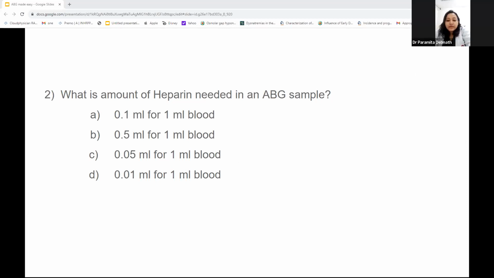Everyone, please participate. So the answer here is C, not B or A. It is only 0.05 ml of heparin you need for 1 ml of blood. That's all you need. If you have more, then there will be some problems in the ABG, which we discussed.